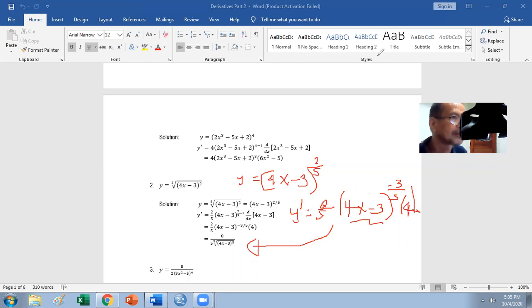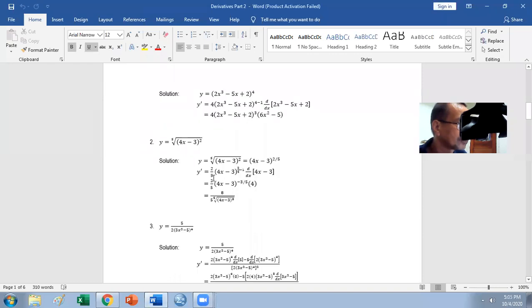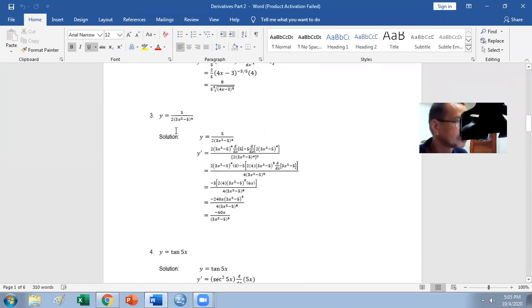Next example, this one. y is 5 over 2(3x squared minus 5) to the 4th.